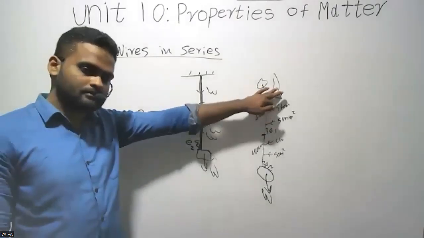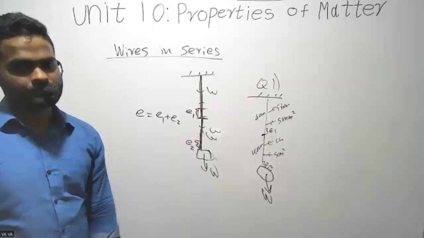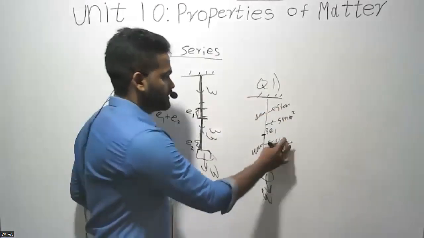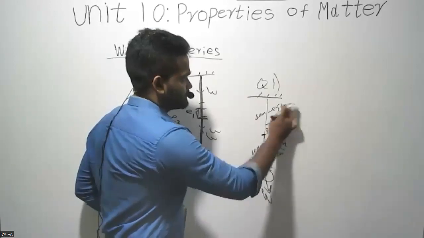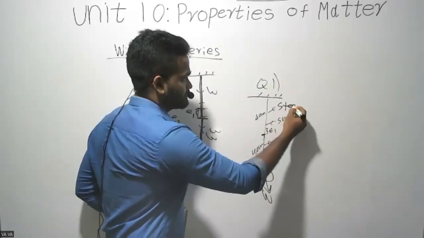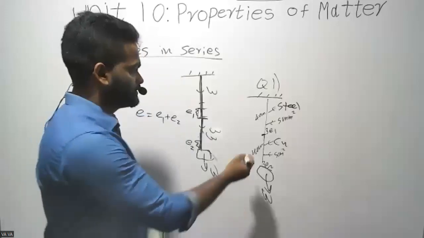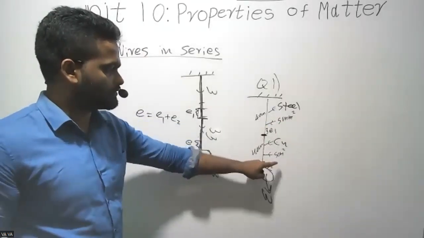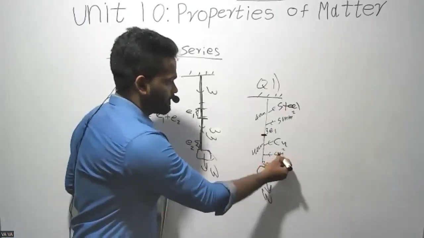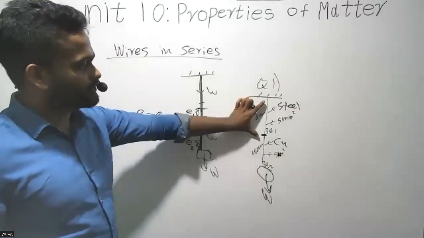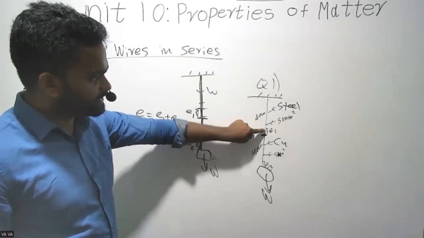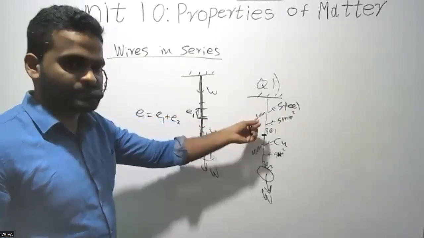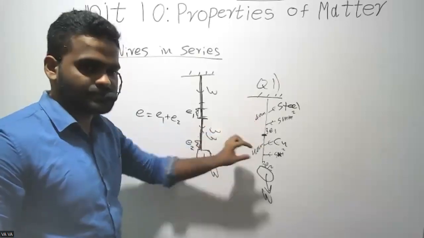First, if you want to draw a sketch, you can. So, steel wire and we have the copper wire, 5 square millimeters each, 40 centimeters each, and each wire extends by E1 and E2. Then the 6 millimeters is the sum of those extensions.